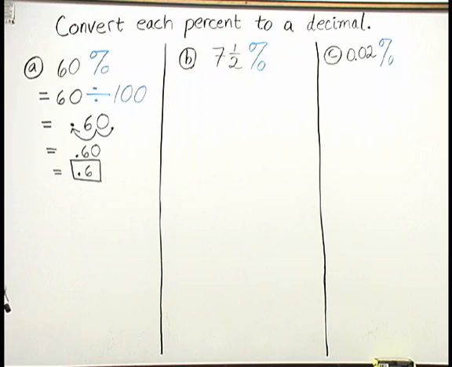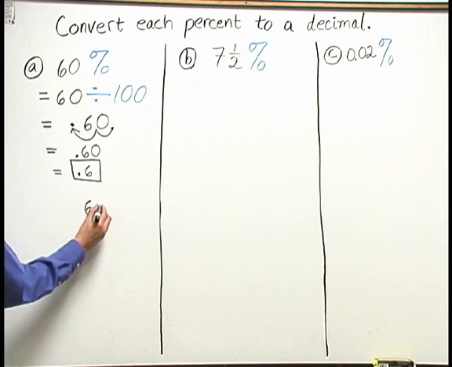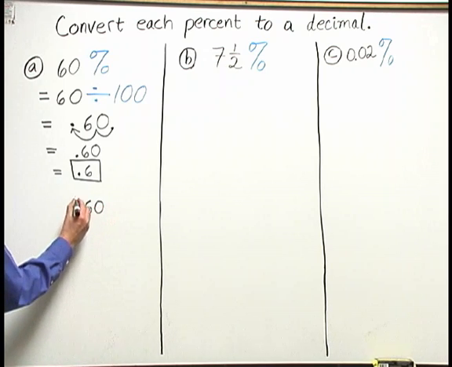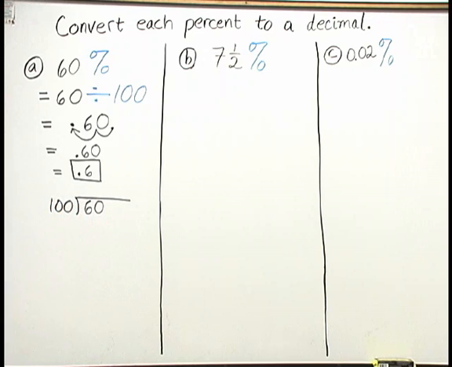Now another thing about this problem, let's think about this shortcut way of dividing by 100. It's easy sometimes to forget which way to move the decimal point. If you're ever uncertain, go ahead and divide using the long division process. Take 60 and divide by 100, like so.